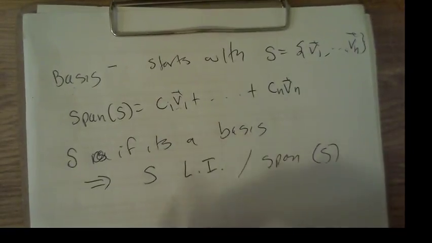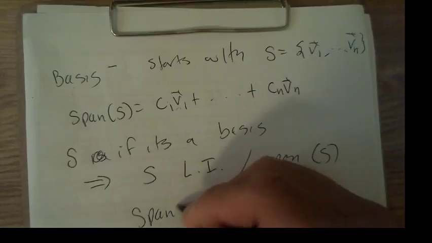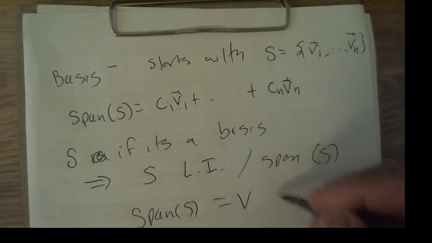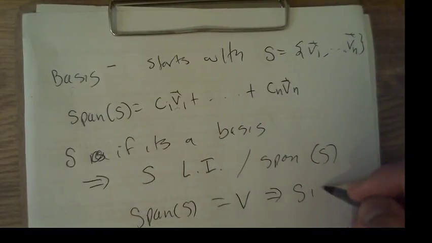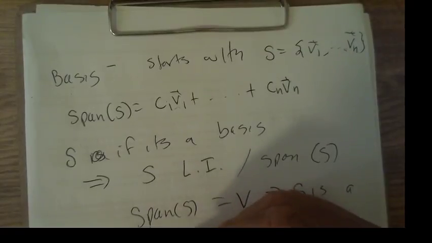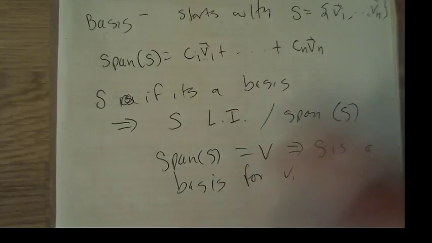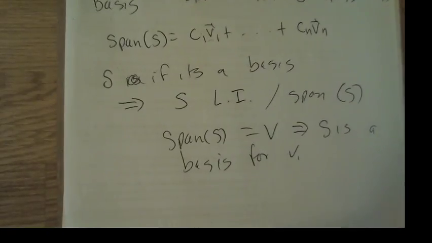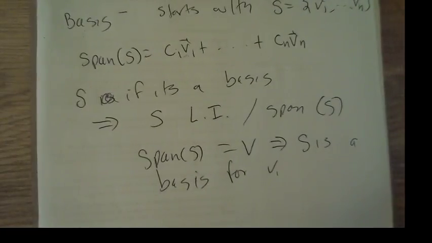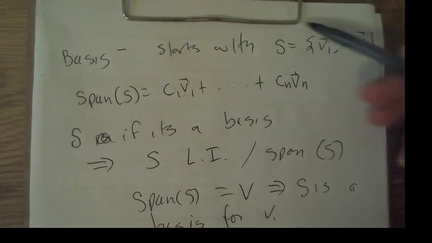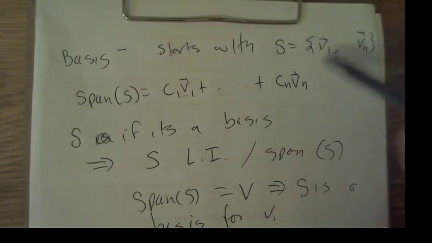If we know that the span of S is equal to V, then we could say S is a basis for V. All right, so we're not saying that all the linear combinations are linearly independent, only this set S. Only that set S, all right? Does that make sense, Camille?